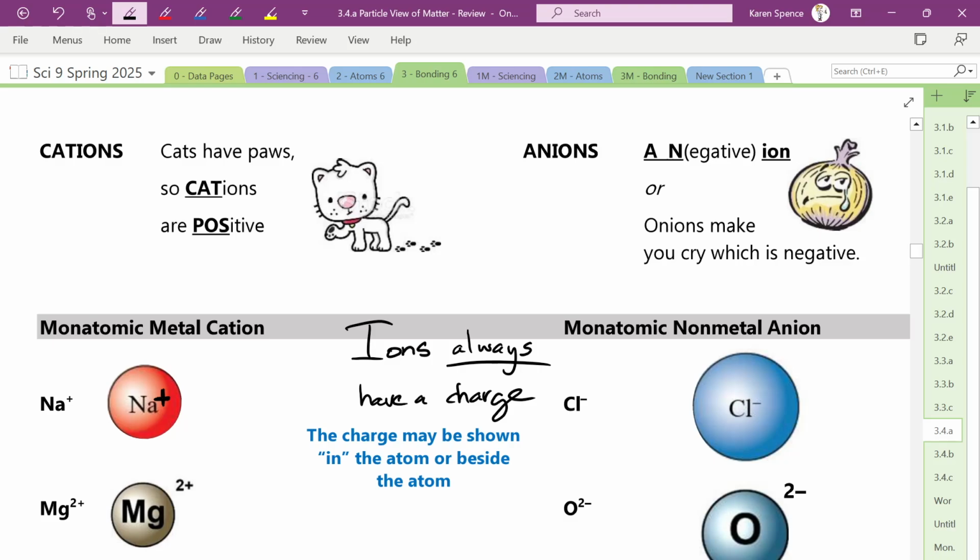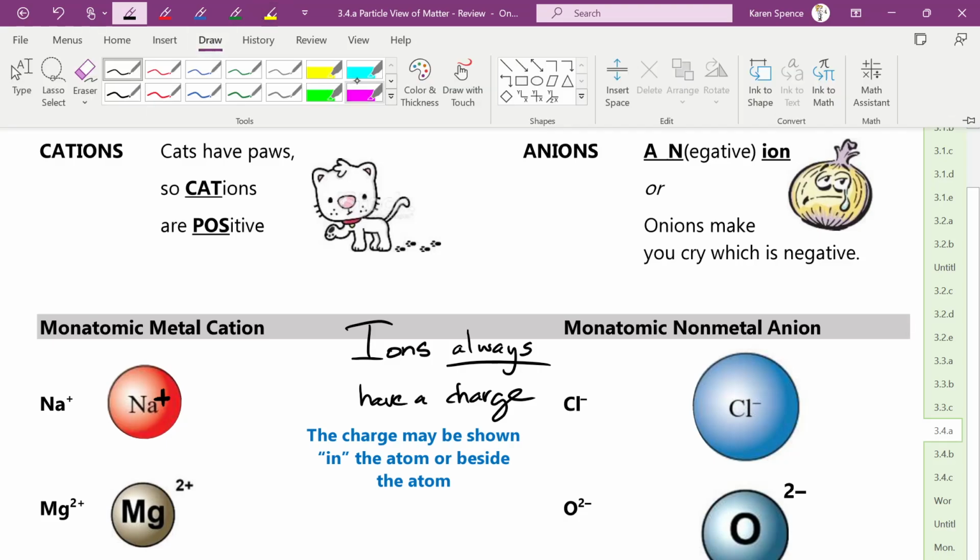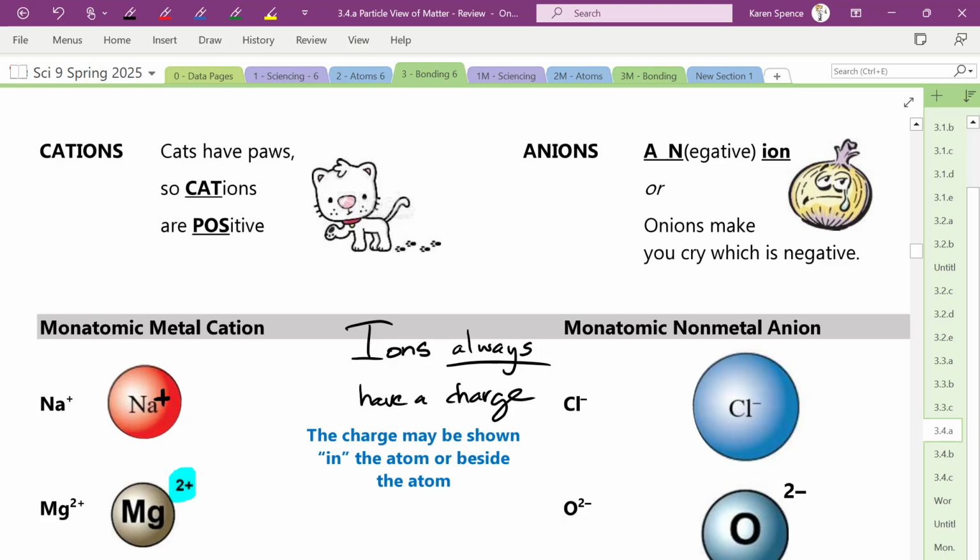We might write the plus on the inside, or we might write the plus on the outside. It doesn't matter. We can show it inside the atom or beside the atom. Over on the right-hand side, we have Cl with a little minus in it. Okay, and we can also write the charge on the outside, O2 minus.